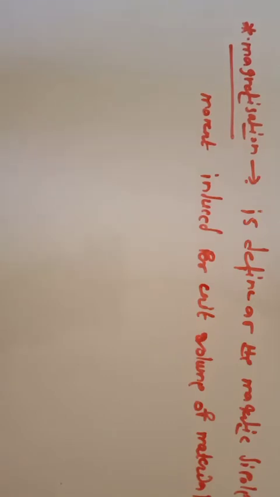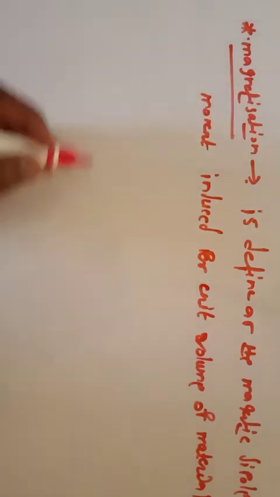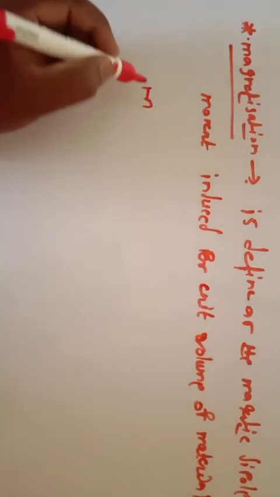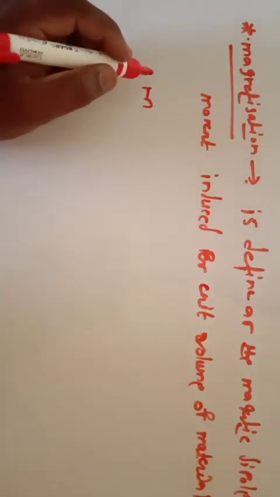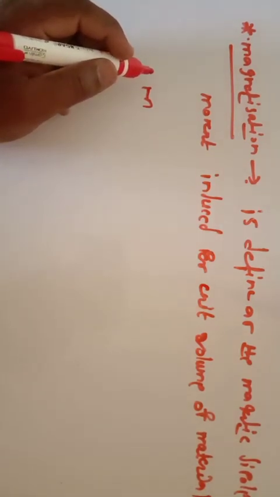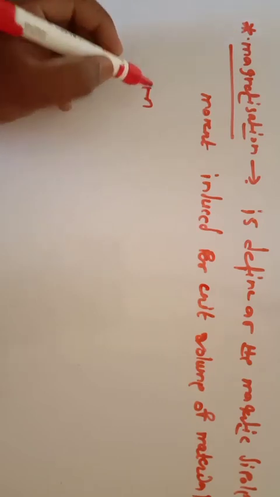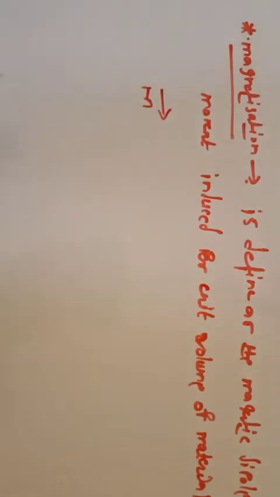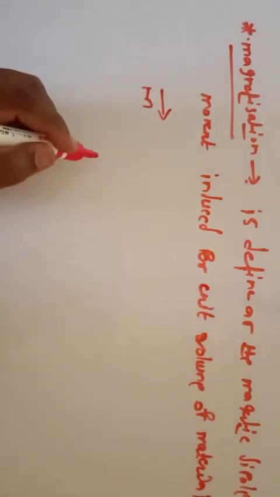In other words, we can say that it is the ratio of net magnetic dipole moment per unit volume of the material. This magnetization is a vector quantity, it gives direction, so it can be represented as capital M vector.